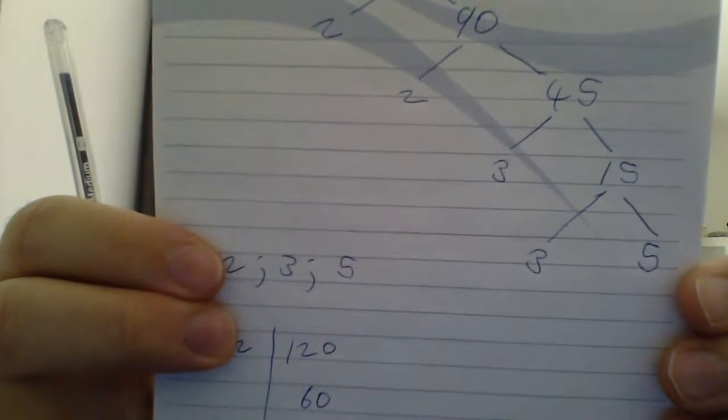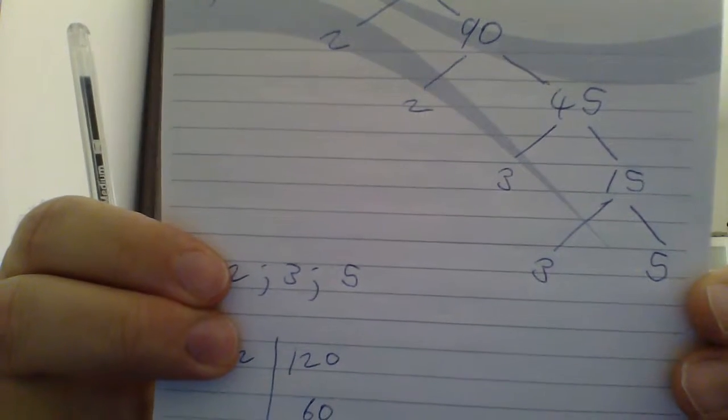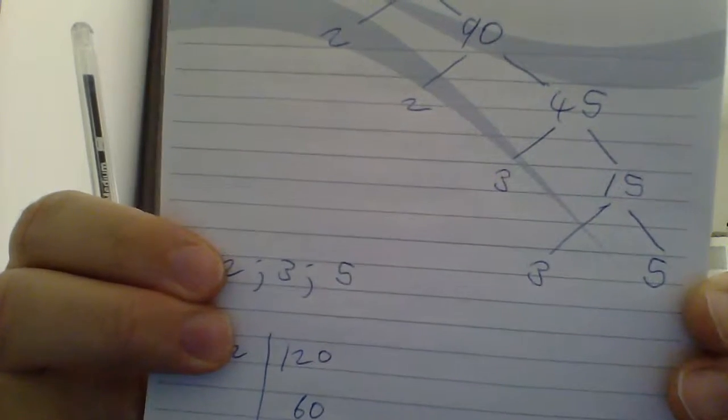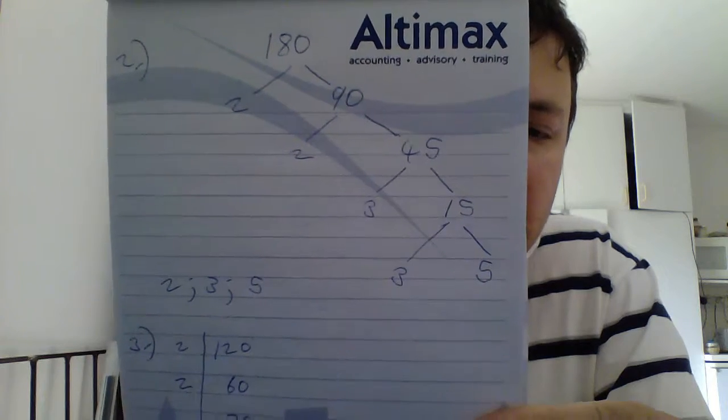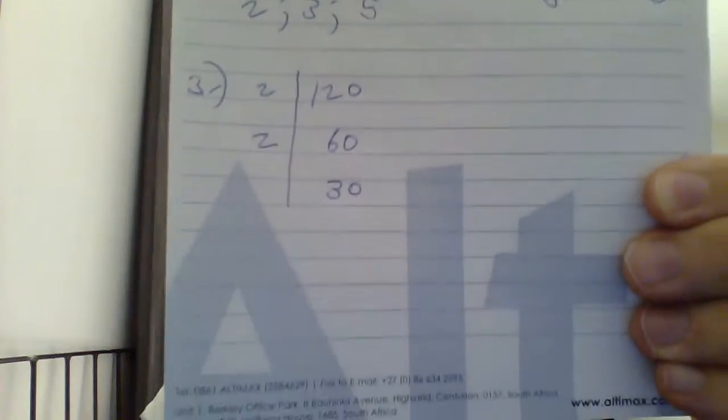Then again, 60 divided by 2 is 30. Then again, 30 divided by 2 will give you 15.